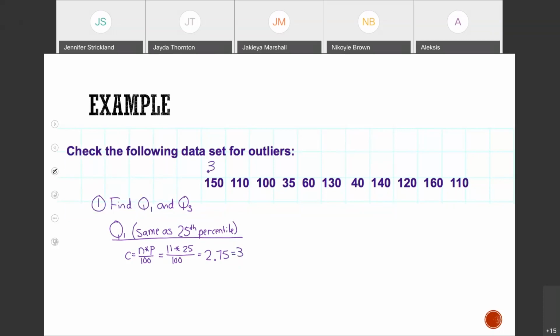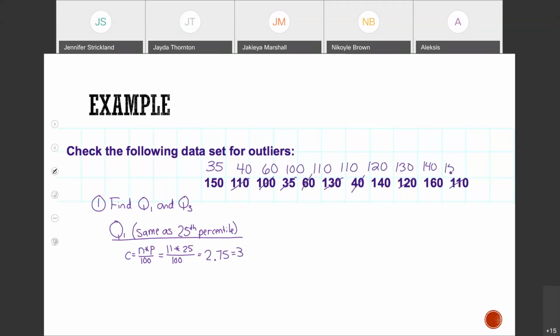All right, so I've got 35 and 40, 60, 100, 110 is there twice, 120, and then 130, 150, and then 160, and 140 in between, right?